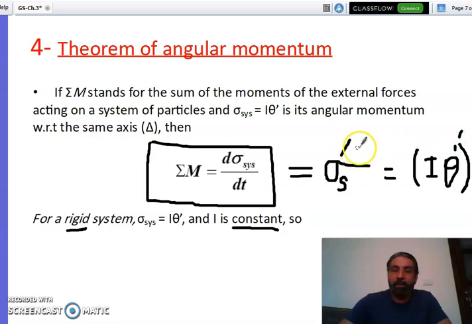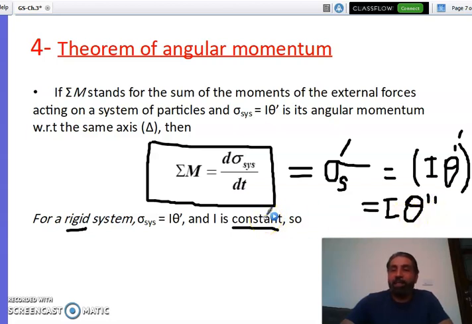Prime. Clear this prime. Because I is a constant, we can take it out of the derivative. So this becomes I times theta prime, and the prime of theta prime is theta double prime, so it becomes I theta double prime.